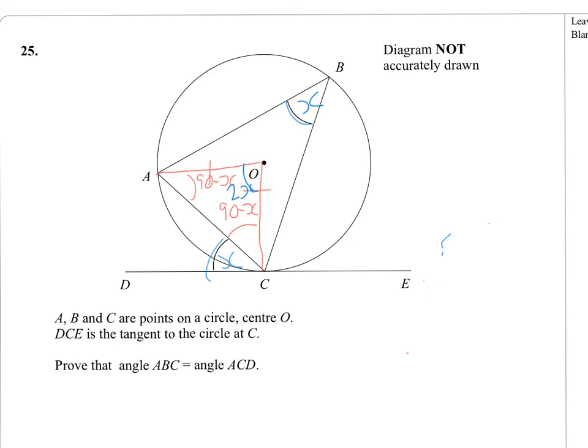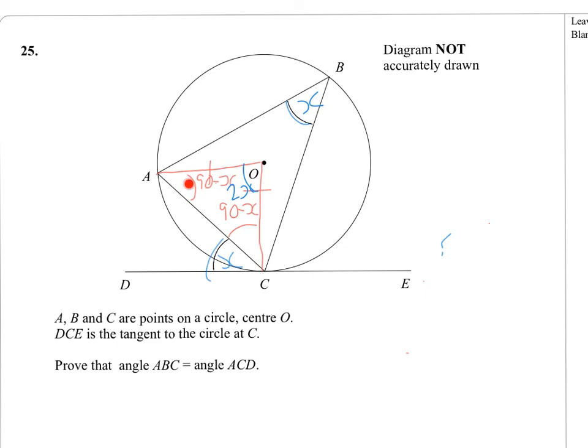It is probably a bit more complicated than I meant to explain it, so let me just go through it again. You've got a tangent there which is at right angles to the centre of the circle. So I know that this angle here is 90 take away whatever that is, so let's call it 90 take away x. This is also 90 take away x because it's an isosceles triangle.